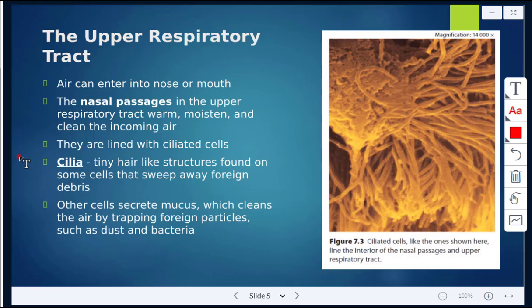So that's cilia, those tiny hair-like structures that are found on some cells, and they sweep away foreign debris. Other cells will secrete mucus, which will clean the air by trapping foreign particles such as dust and bacteria. So these ciliated cells, they line the interior of the nasal passages and the upper respiratory tract.